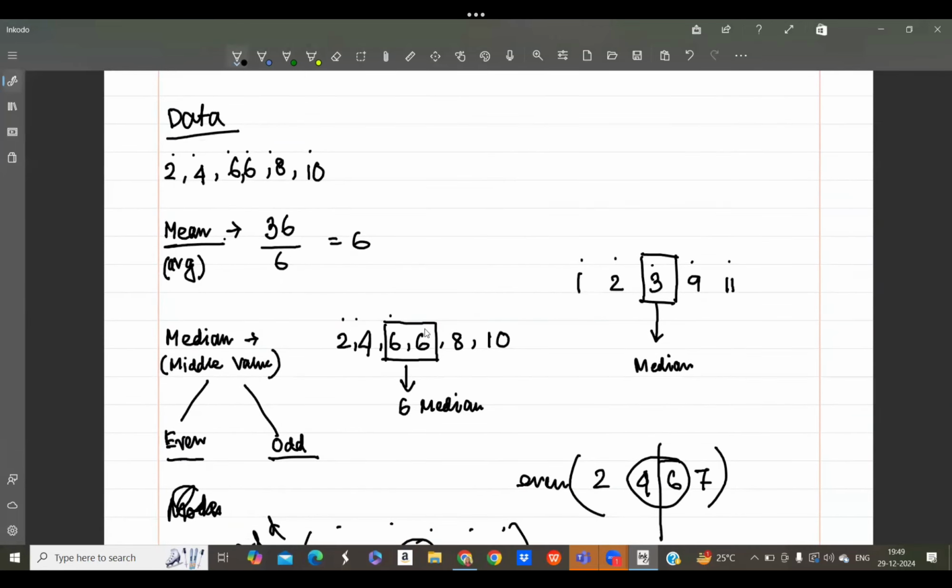So 6 is my mode here. So mode is nothing but the value that appears most frequently.